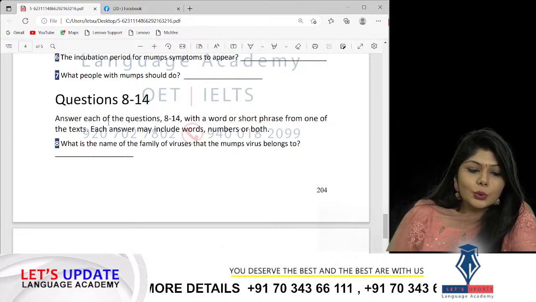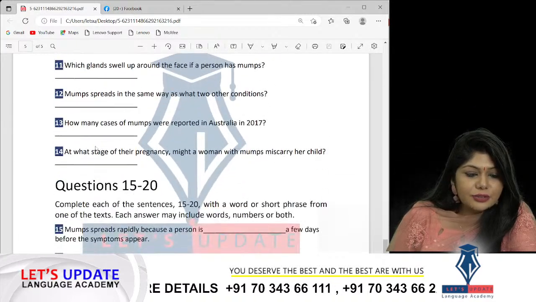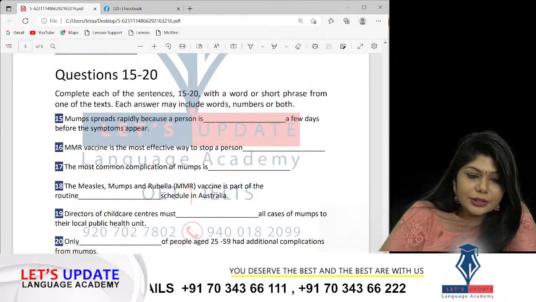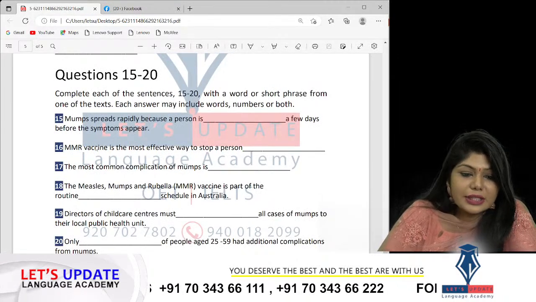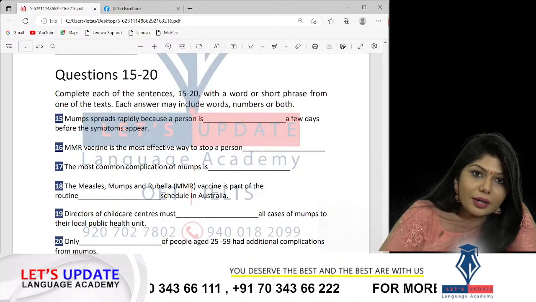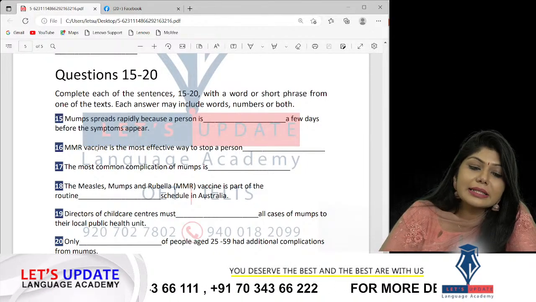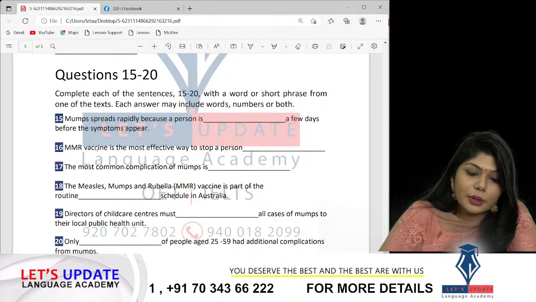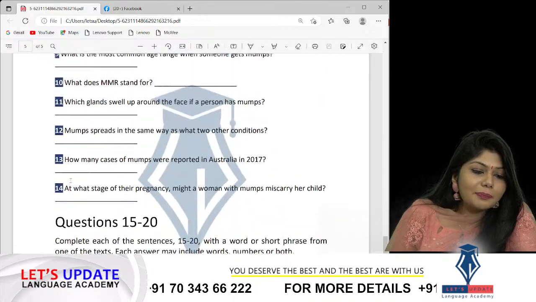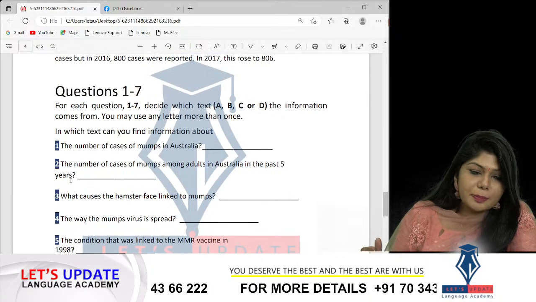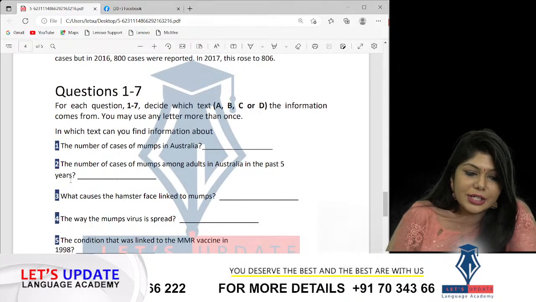And regarding questions 15 to 20, you need to complete each of these sentences 15 to 20 with a word or short phrase from one of the texts. Each answer may include words, numbers or both. Again, these are the kind of questions that you can expect from the part A section.